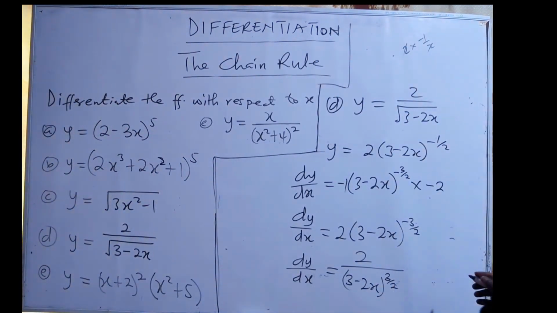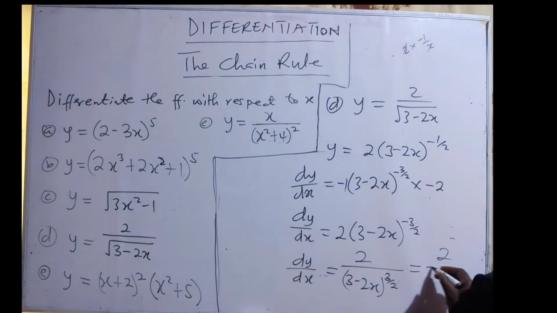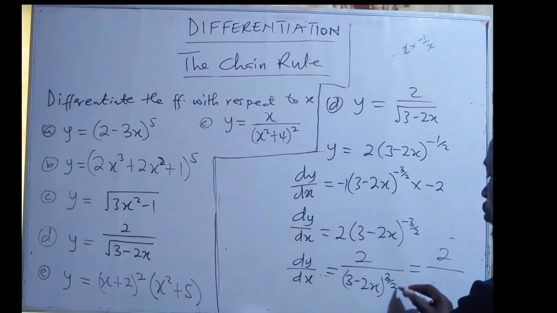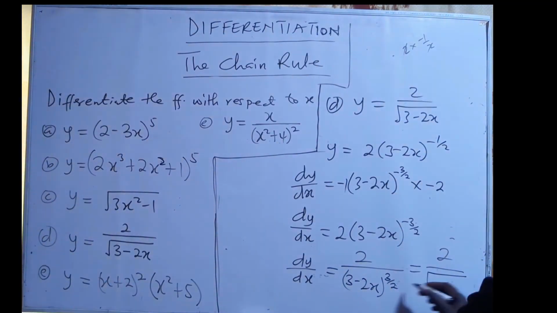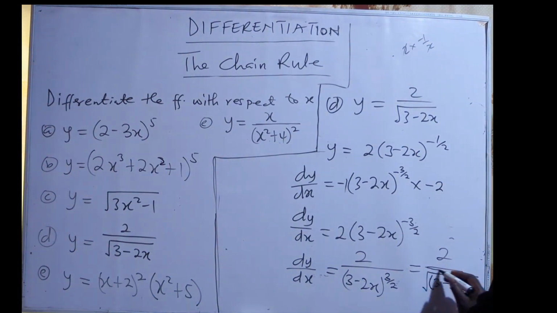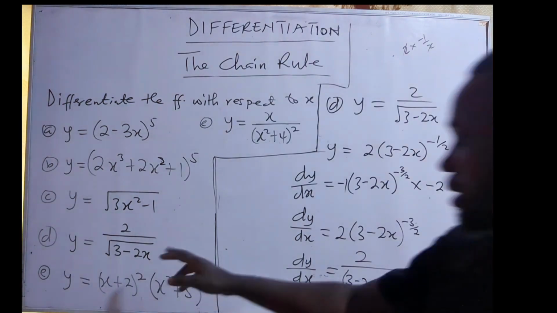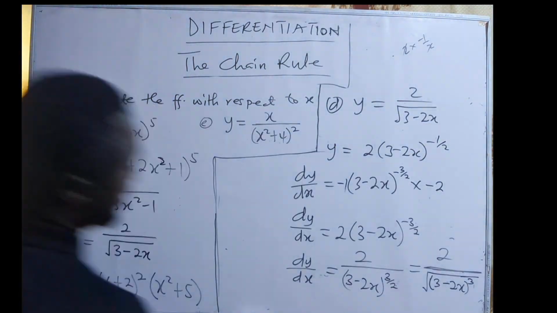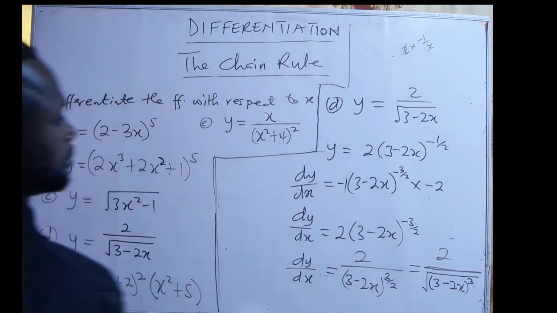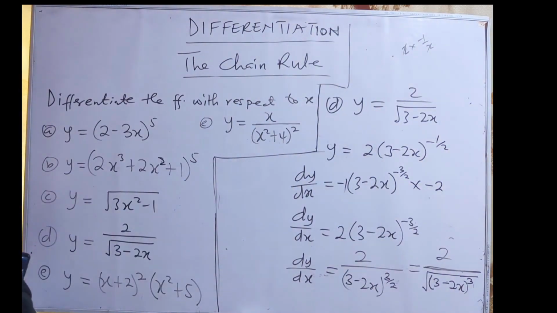And if I want to write it as a root, the denominator is 2, so it is a square root: 3 minus 2x all to the exponent of 3, which is the numerator. So our answer is 2 divided by the square root of (3 minus 2x) all to the exponent of 3. So that is the D. I believe this is understood. So I think we can continue.